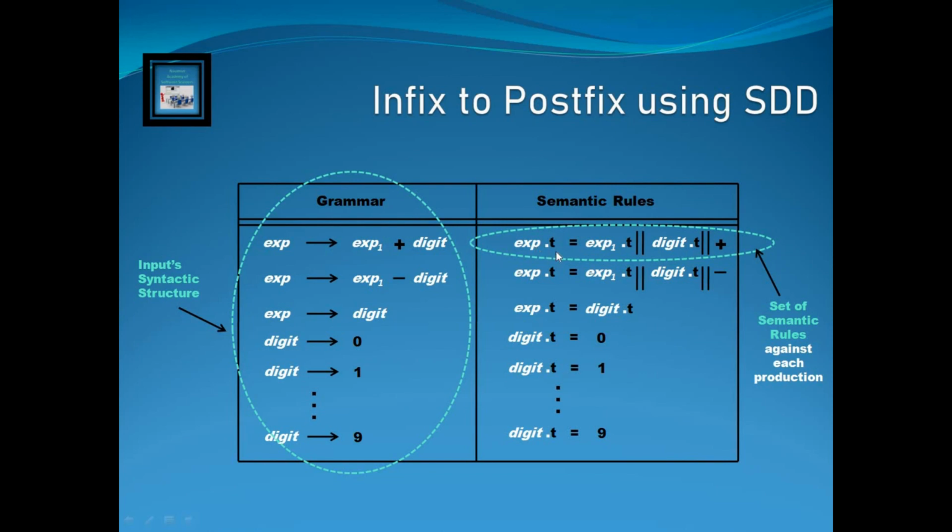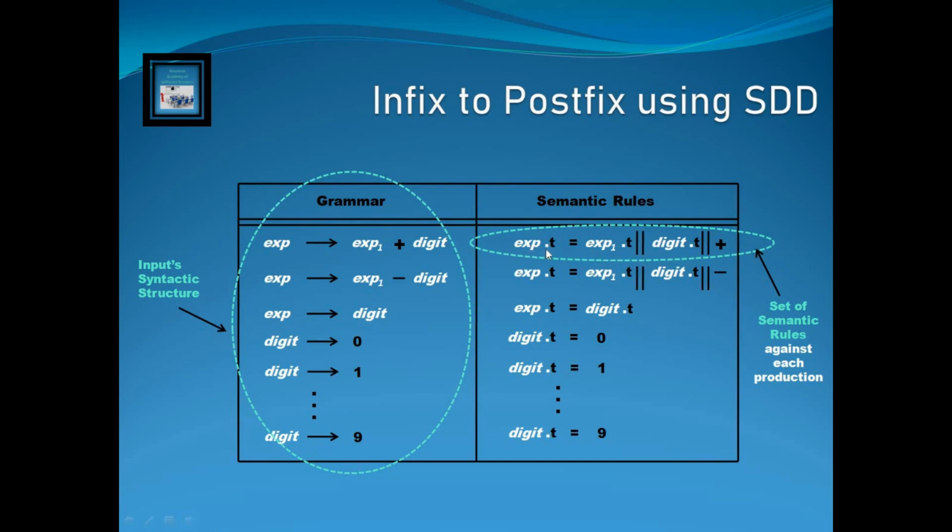If this attribute t is associated with this grammar symbol exp, that is, we write exp.t, it is showing the postfix form of this expression. And exp1 means the sub expression, so exp1.t is showing the postfix form of this sub expression.